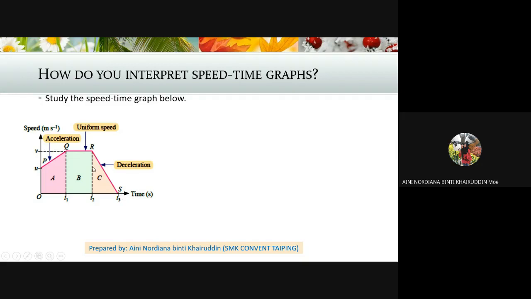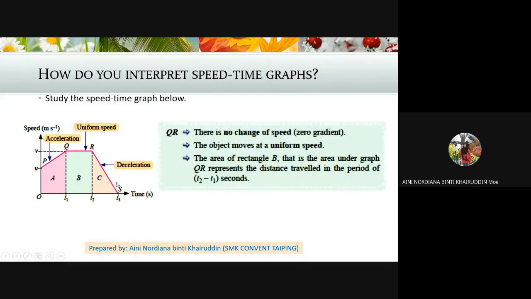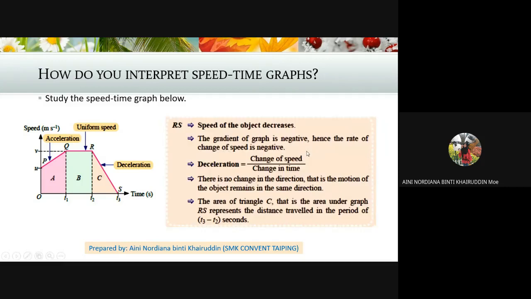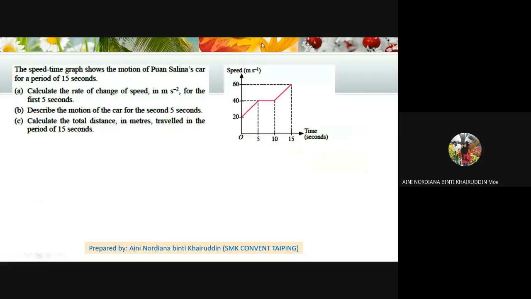Maksudnya dia slowkan lah, dia slowkan kelajuan, menurunkan kelajuan. Okay, so ini penerangan yang kita dah bagi tadi lah. PQ, QR tu uniform speed, RS tu deceleration.